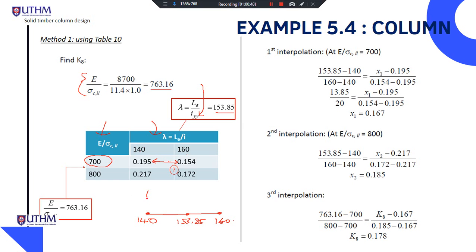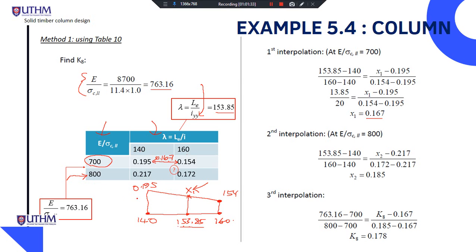For the 140, the value is 0.195, and it goes down to 160, where the K value is 0.145, and at 153.85 the K is equal to X. So you need to calculate this X. Finally we get X1 equal to 0.167.